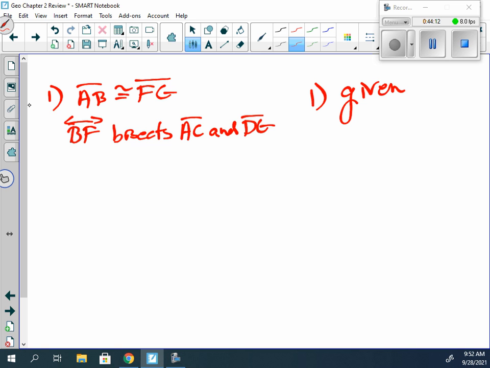Now, we're wanting to prove that BC is congruent to DF. So we've shown that the two lines are congruent to each other, yes? Because that's the whole line, AB and FG. Or, wait, AB, FD.